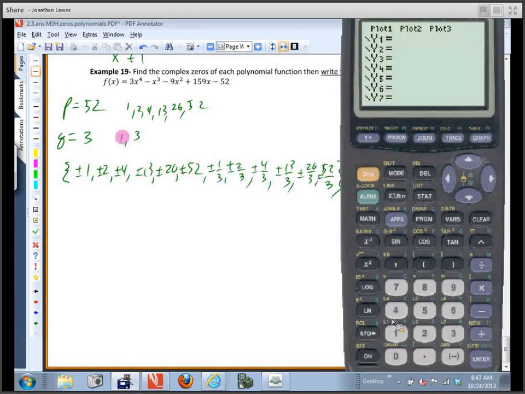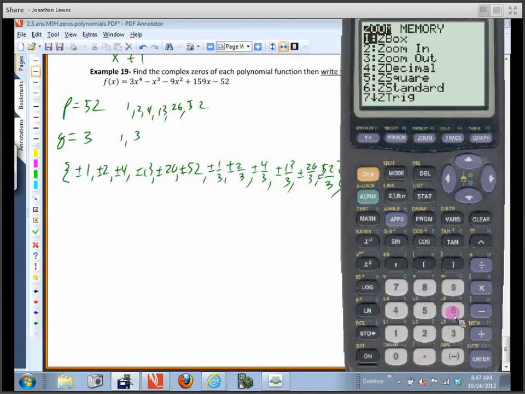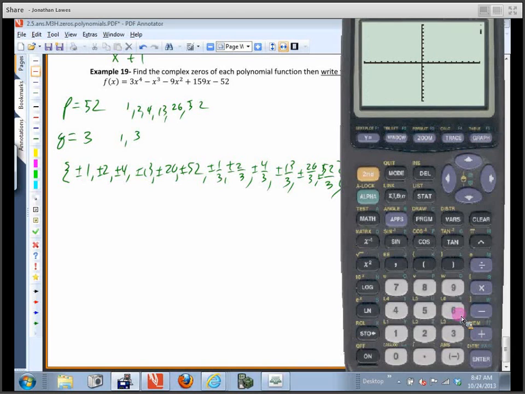So I'm going to clear this off and we're going to type in 3x to the 4th minus x to the 3rd minus 9x squared plus 159x and then minus 52. And then I'm going to hit zoom 6, just the standard window.